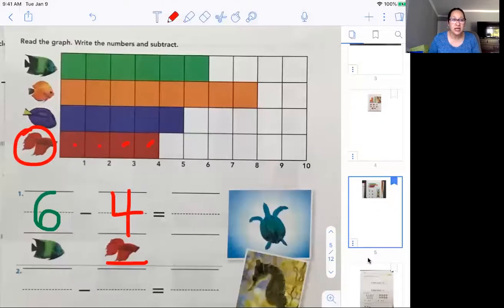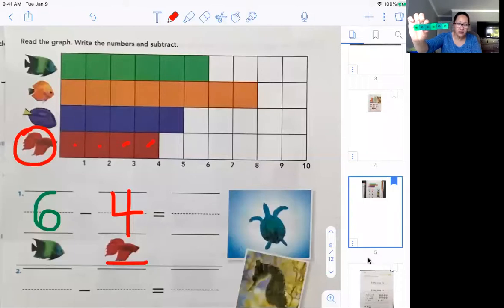Okay? So they say 6 minus 4 equals what? 6 minus 4. So let's see. I'm going to have 6 of these right here. 1, 2, 3, 4, 5, 6. 6. Take away 4. Ready?